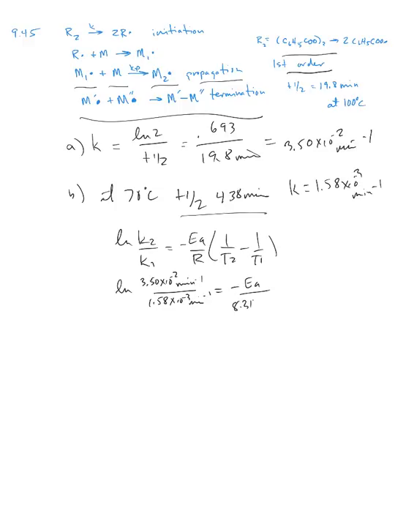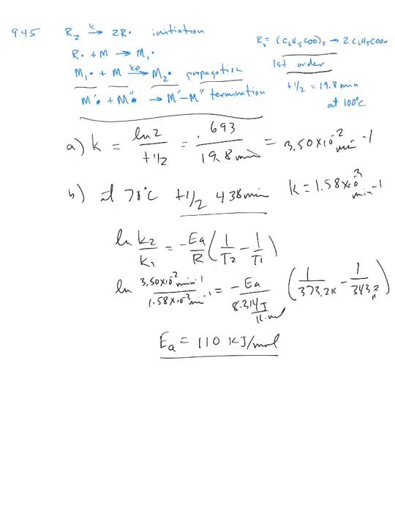We always use our energy value of R in problems like this, making sure to keep things in Kelvin. We could finish off the parenthetical statement and solve for EA. EA in this case turns out to be, in terms of kilojoules, remember that you'll have to do a conversion there, 110 kilojoules per mole for the activation energy.